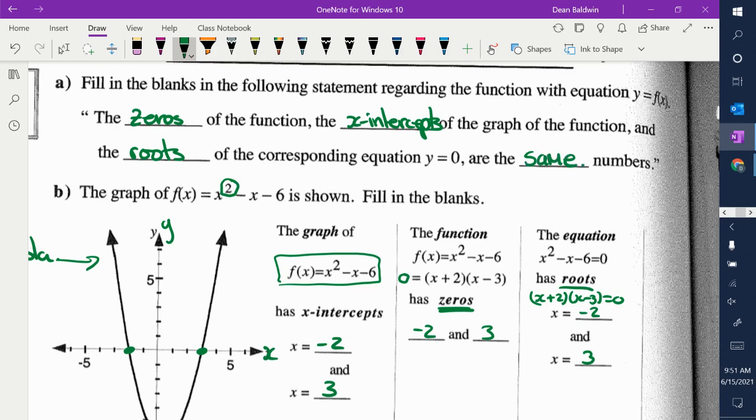They're all the same thing. If I say 0, x-intercept, or root, they mean the same thing. I mean, they don't mean the same thing. They're slightly different, but the numbers are the same, okay?